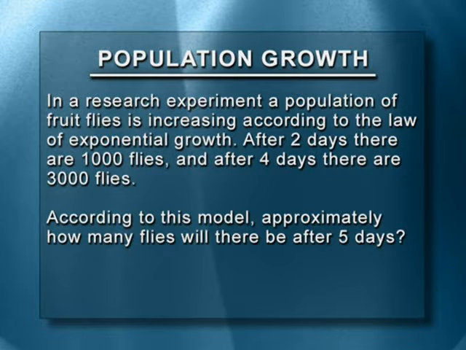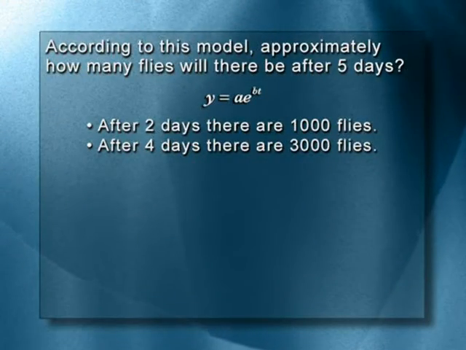So let's explore this model. We're going to assume that the fruit flies grow as the exponential model, ae to the bt; I won't use x now, I'll use t because of time. And we have some equations we can form because we were told that at time 2, there were 1,000 flies.